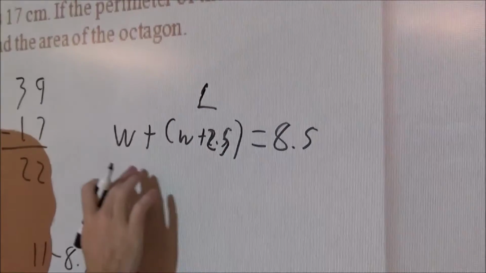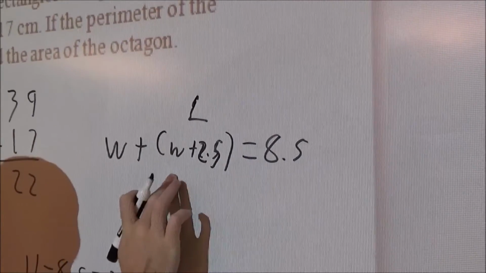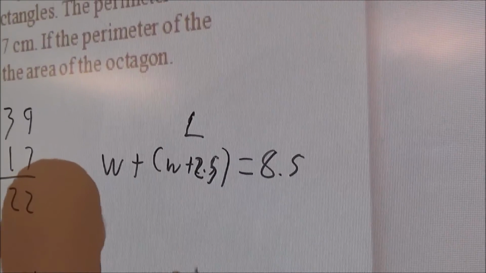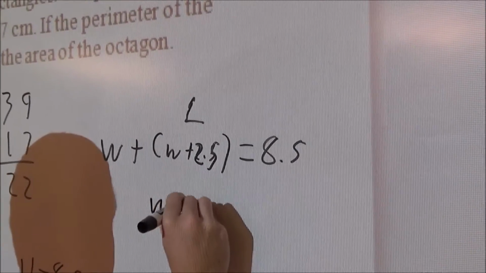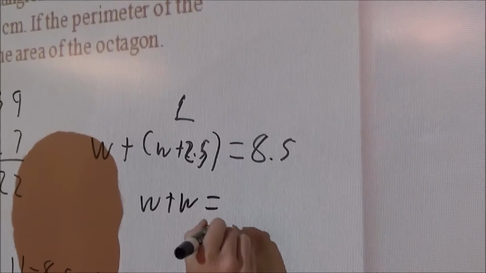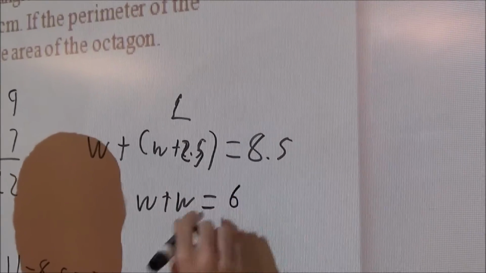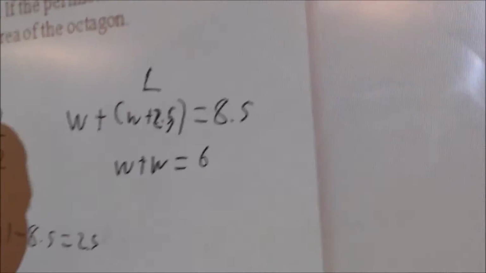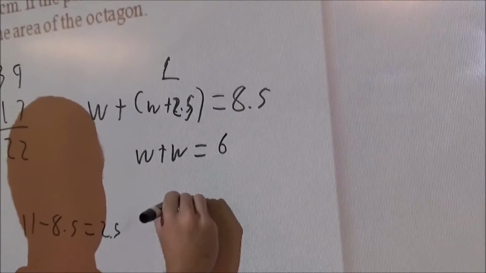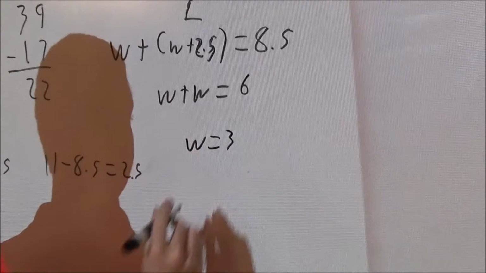So this is telling us the width plus the length is this. So we can simplify this to width plus width is equal to 6. So you subtract 2.5, subtract 2.5. So we know that the width is equal to 3.